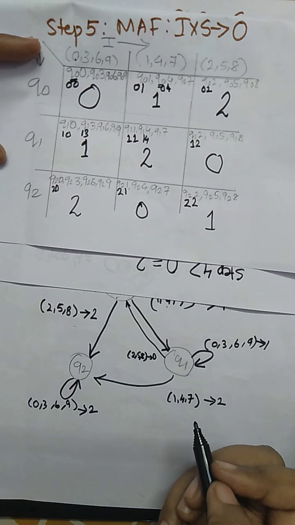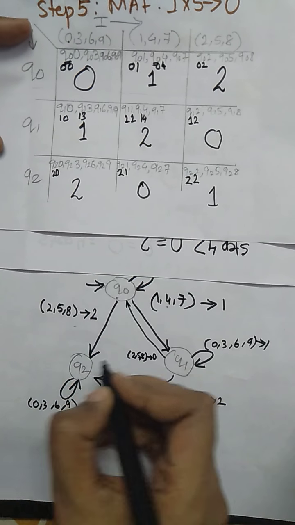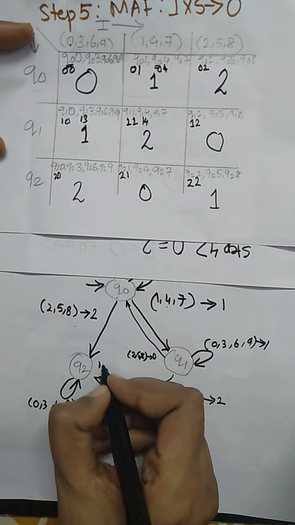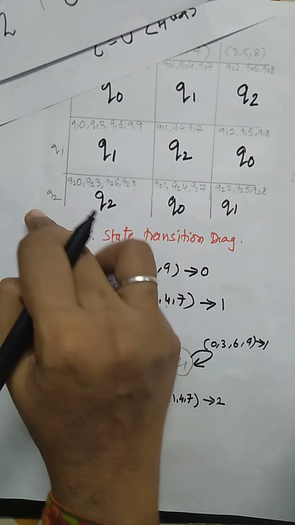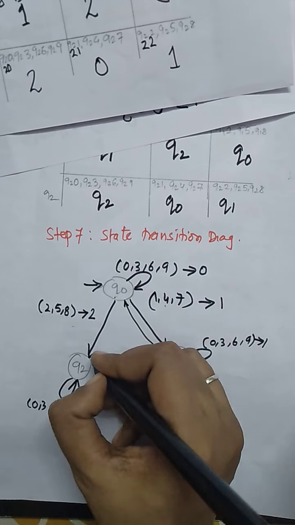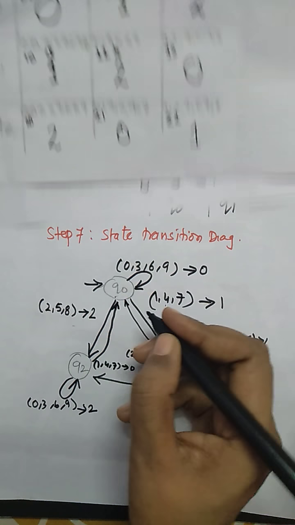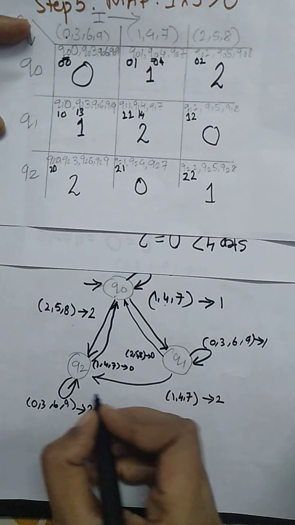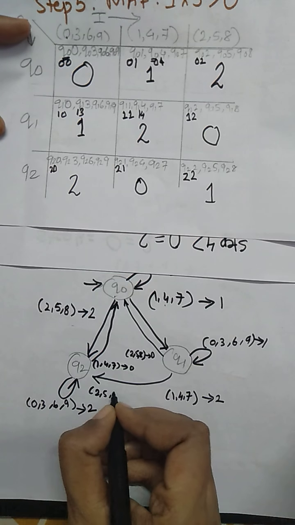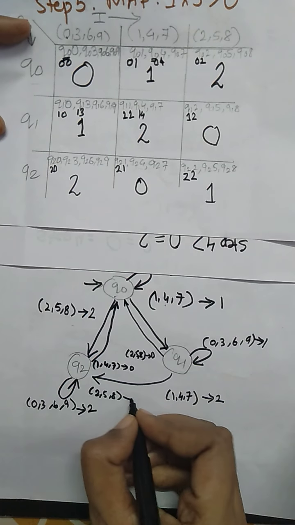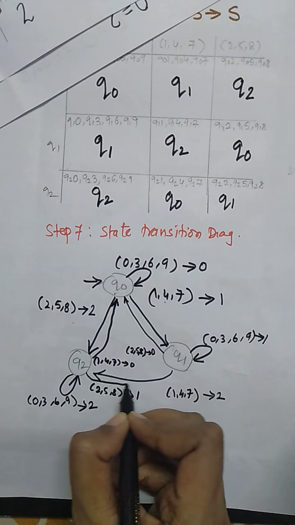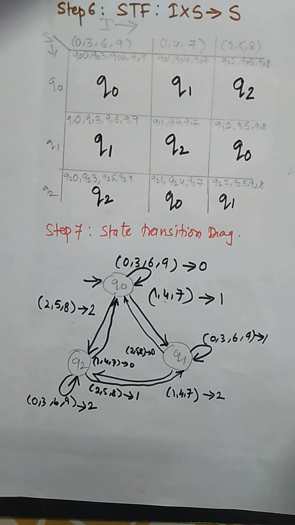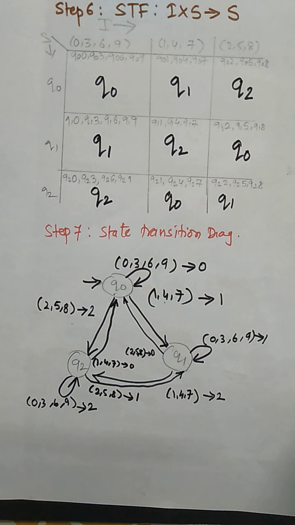Output is 0. Q2 with 147 goes to Q0. Now Q2 with 258, what is the output? Output is 1. Q2 with 258 goes to Q1. So this is how we have completed the FSM for decimal numbers divisible by 3.